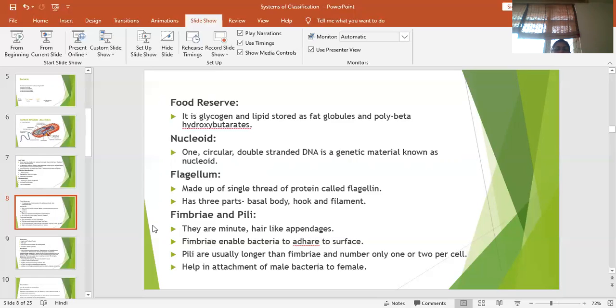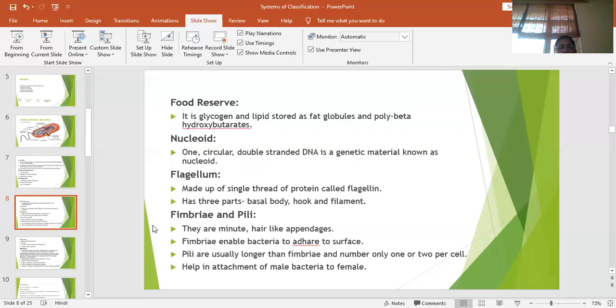Flagellum arises from the outer structure of plasma membrane, and its tip is known as basal body. The part of flagellum which is present in the cell wall and slimy layer is known as hook. And it has a long filament which moves like the oar of a boat and helps in movement of bacteria.